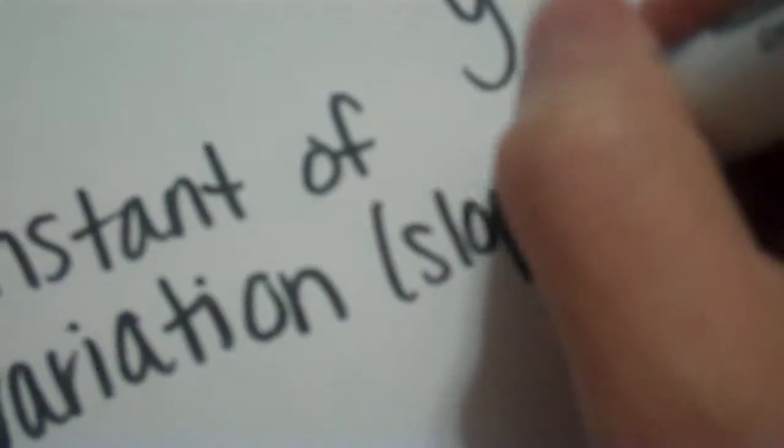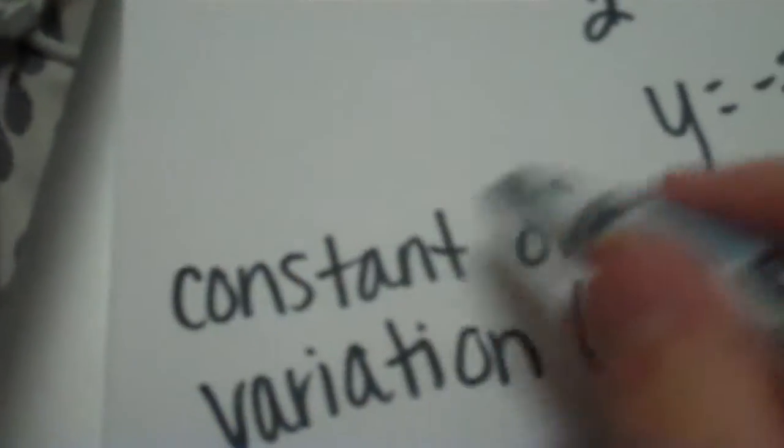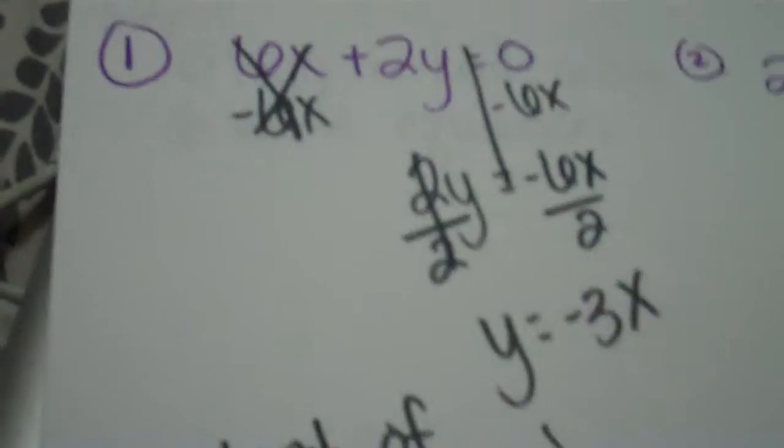And that word is constant of variation. All that means is the slope. So the constant of variation here is negative 3. It's pretty simple.